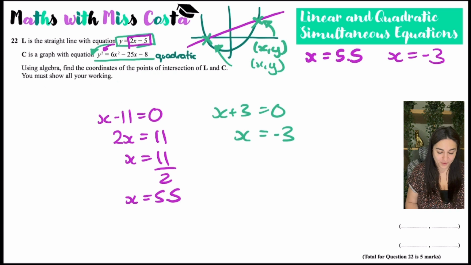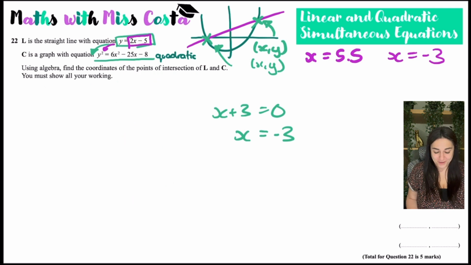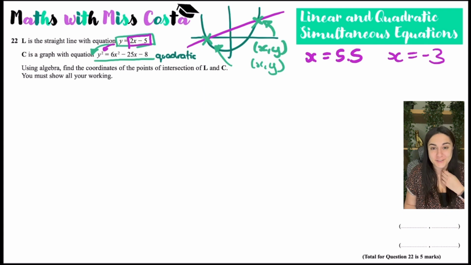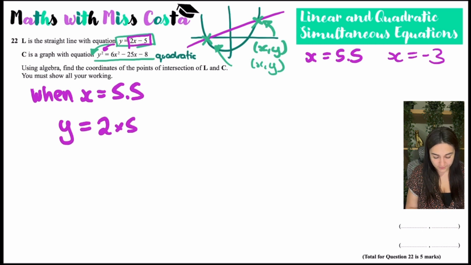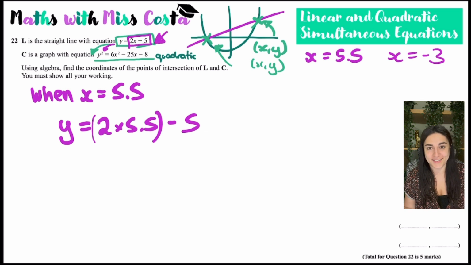Now this is the super fun part. Well, all of this is super fun, but this is the super nice part. Once you have found your solution for x, all you need to do is substitute into one of the equations to work out your y values. So when x is 5.5, y is 2 times 5.5, take 5. All I've done is substitute into this equation here because it's obviously the simplest one.